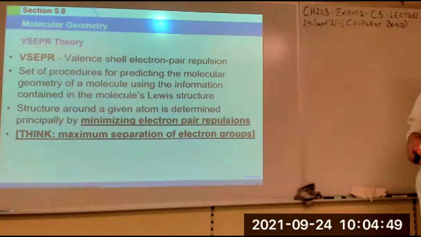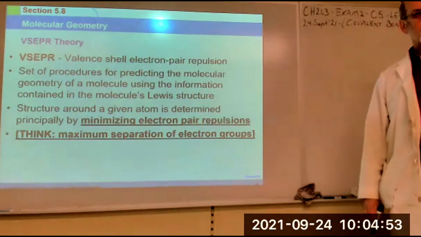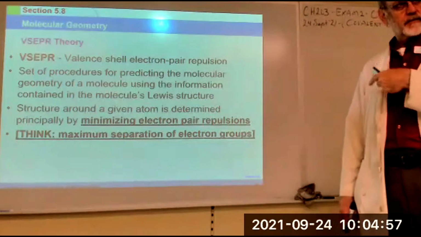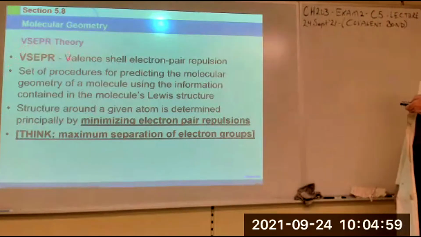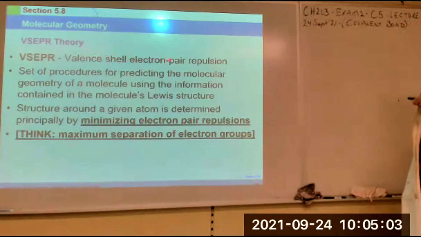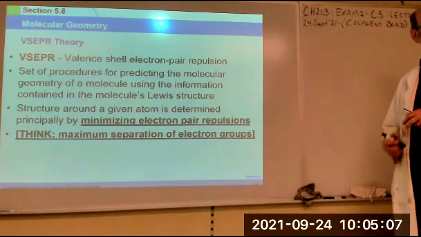So what do? We learned the Lewis dot structure for a reason, because the Lewis dot structure feeds into this theory, VSEPR. That's an acronym for valence shell electron pair repulsion. That's a mouthful, I know.